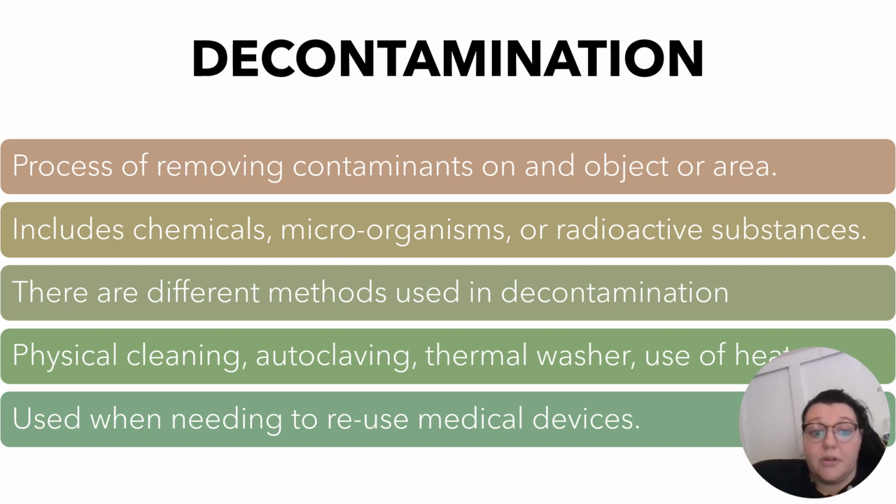There are a couple of different methods used when decontaminating something. It can be physical cleaning, down to washing something, to autoclaving, and if you've never seen an autoclave, I've seen them in the OR.